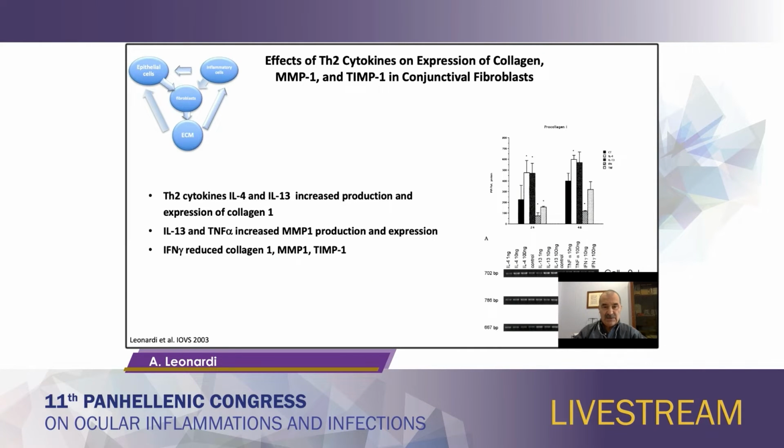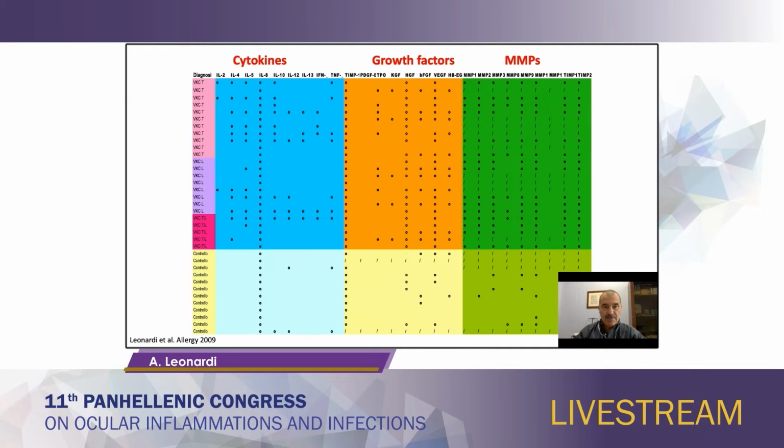In fact, the Th2 cytokines, particularly interleukin-4 and interleukin-13, stimulate fibroblasts for production and expression of collagen 1. On the other side, interferon gamma reduces the production of collagen 1. But it's not only cytokines.